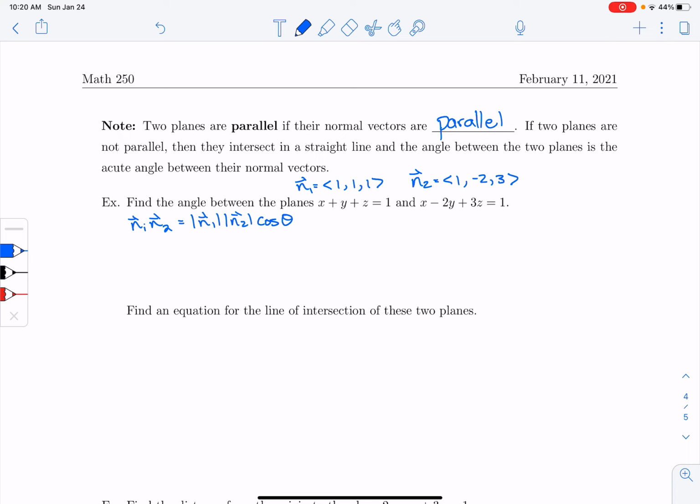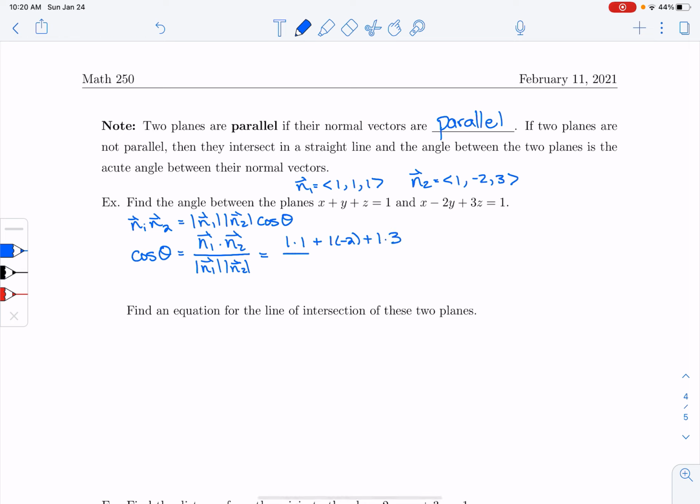So here I'm going to solve for cosine of theta. Cosine of theta is going to be n1 dot n2 over the magnitude of n1 times the magnitude of n2. If we dot n1 and n2, we get 1 times 1 plus 1 times negative 2 plus 1 times 3.